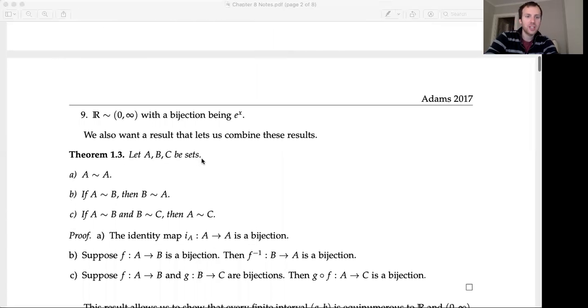So if you have sets A, B, and C, A is equinumerous to A. If A is equinumerous to B, then B is equinumerous to A. And if A is equinumerous to B and B is equinumerous to C, then A is equinumerous to C. In these cases, we can use facts that we've established about bijections. For the first one, the identity map, which sends everything to itself, is a bijection.